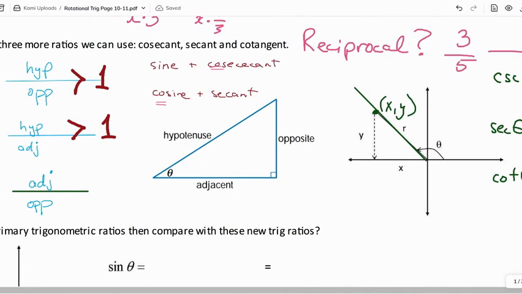Gorgeous. Secant is the reciprocal of cosine. So what's the formula for secant? Right? Again, r is the hypotenuse. That's why r is on top. And cotangent, what do we get? Beautiful. So all you did is you looked at the existing formulas and you flipped them, right? You took the reciprocal of them.